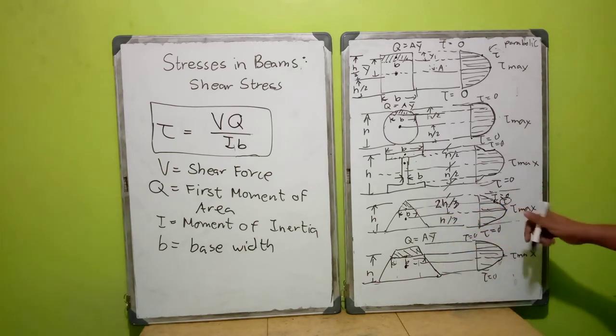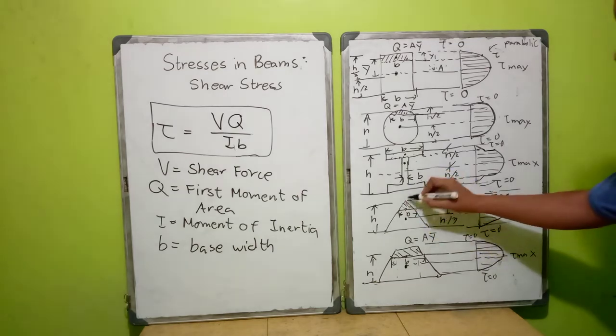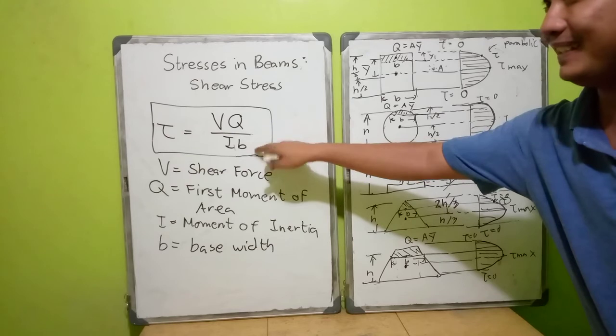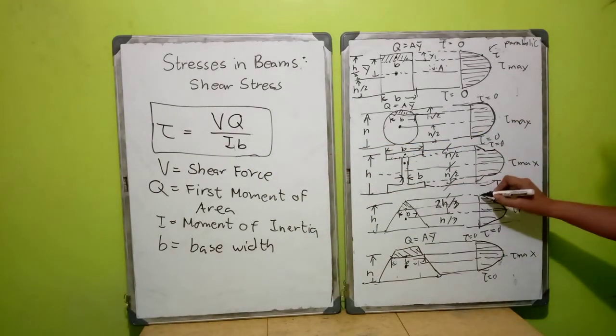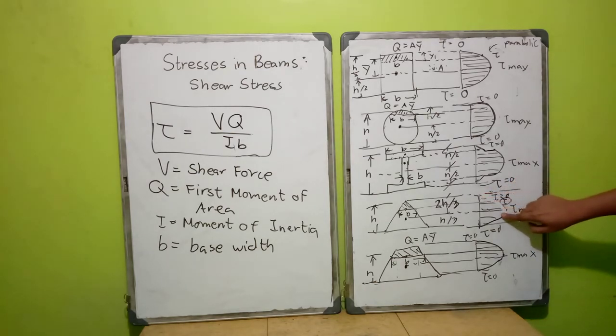For triangular, since its B is increasing from the top, it will be 0 there. You might say it is undefined, but somehow it's still 0 at the top, and it will be very skewed, more similar to a nose.